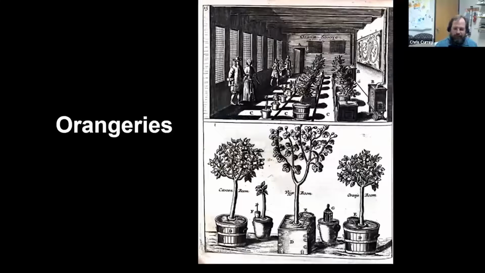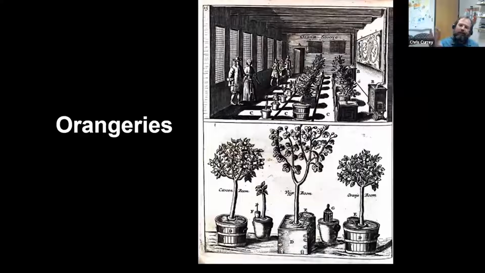Moving on from the Specularibus, we started to get something called an orangery. And an orangery was a structure that was placed on the south sides of houses, and they had very large south-facing windows. This allowed light to come into the house during the low light winters, and it allowed crops like grapefruit, oranges, and figs to be grown in locations like the Netherlands, France, and England, where they might not otherwise grow outside.